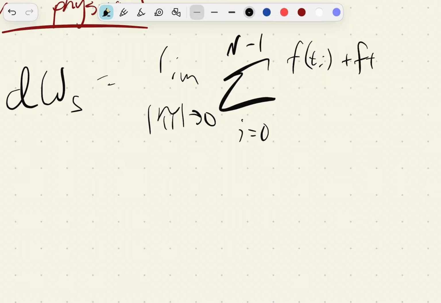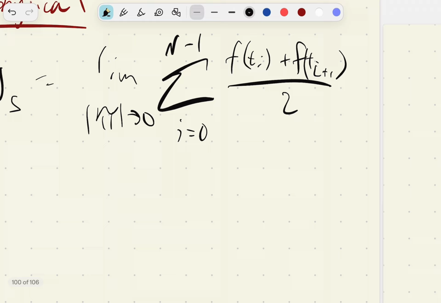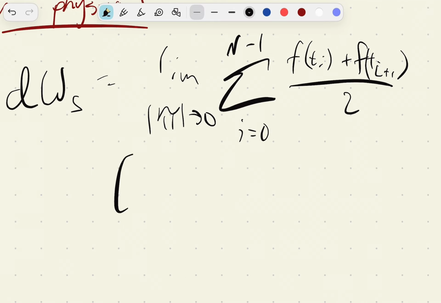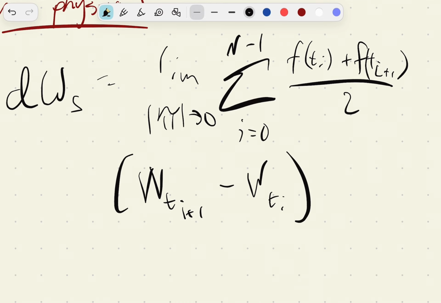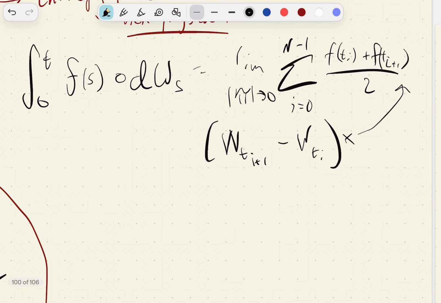F at t plus 1 over 2, okay? We're literally just taking the midpoint, and oh my god, I ran out of space, but this should be times w t. It's the same thing as previously. We're just taking the difference of that process itself, and this should be multiplied there, okay? And it obeys the ordinary chain rule exactly.